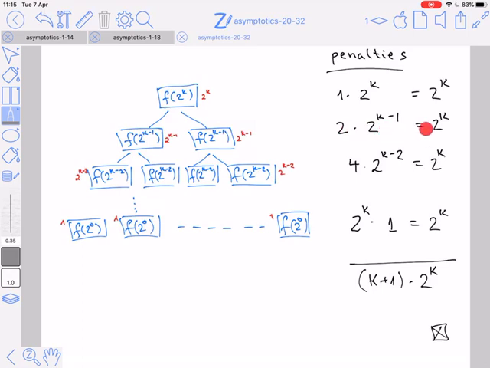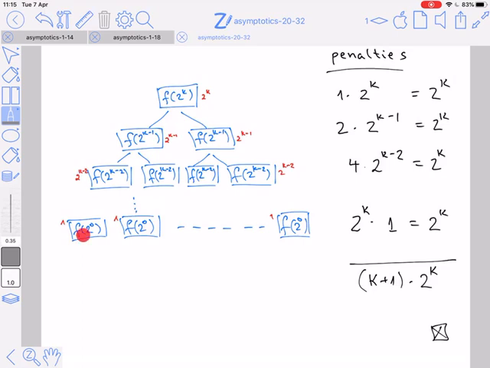So when we do this product, we get 2 to the power of k. And we continue in this fashion. Each time the penalty is divided by 2, and the number of recursive calls is multiplied by 2. Right? So we're left with a total penalty per level of the recursion, which equals 2 to the power of k.